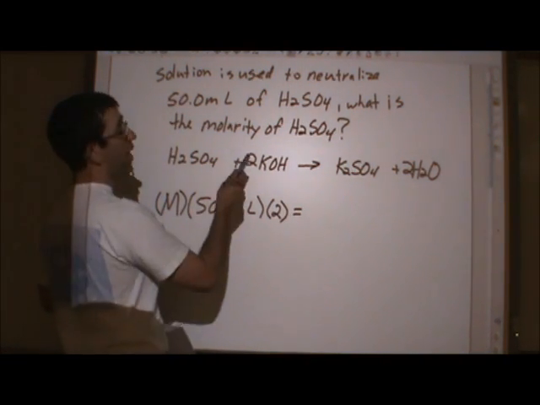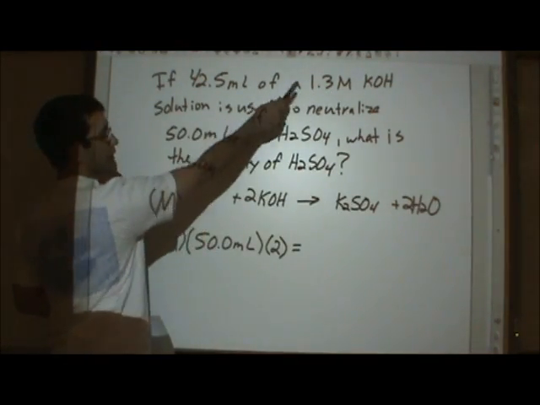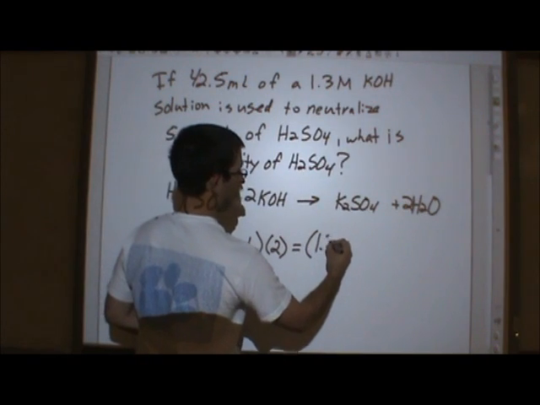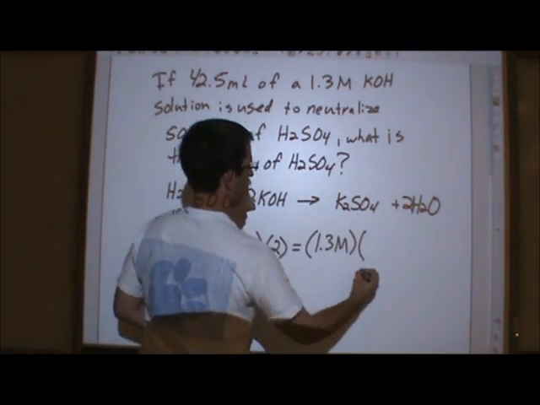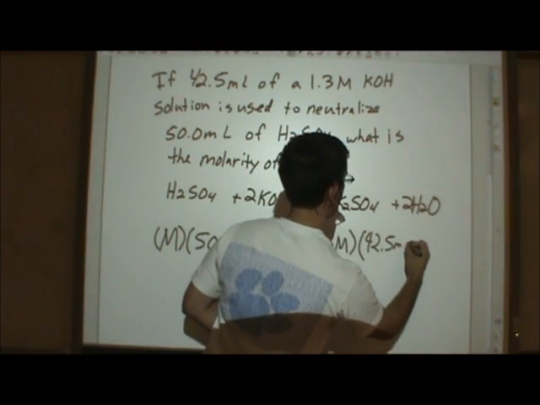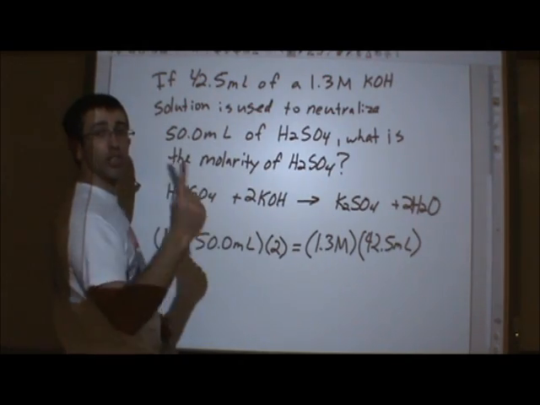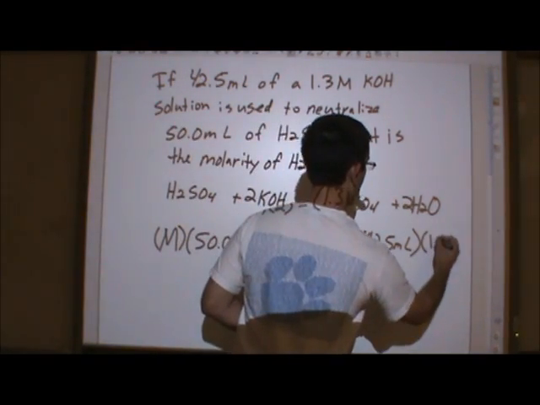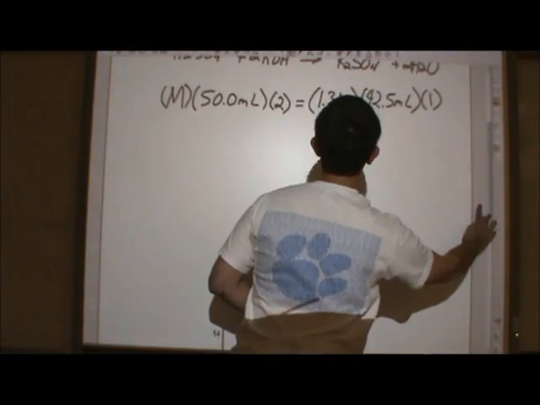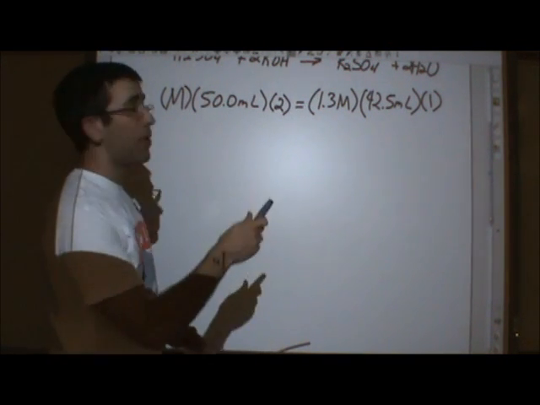Is equal to, now the molarity of the base they did give us. We look back up here. Molarity is 1.3 molar times our volume is 42.5 milliliters. All right, times our number of hydroxides, KOH, 1 hydroxide. All right, with all that being said, we're going to manipulate our equation.